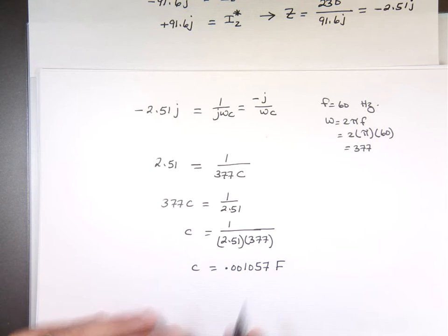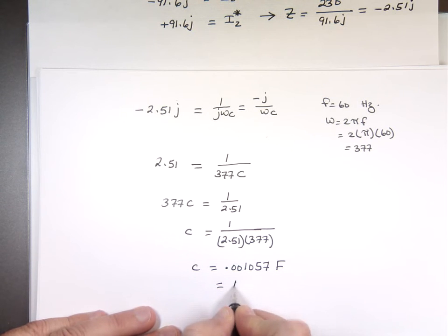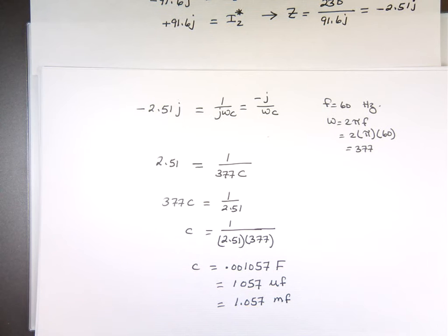So if you want, you can make that 1057 microfarad, or 1.057 what? Millifarad. So roughly a 1,000 microfarad capacitor. You put 1,000 microfarad, that will improve your power factor to 0.9.